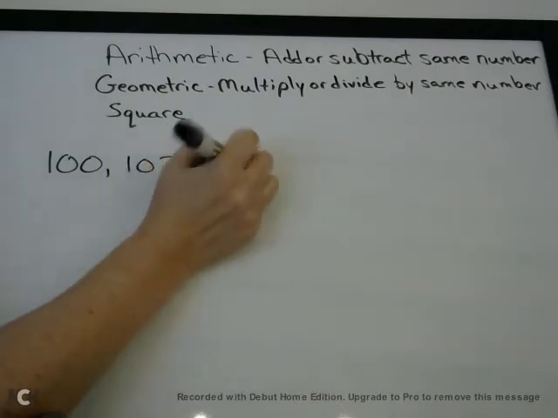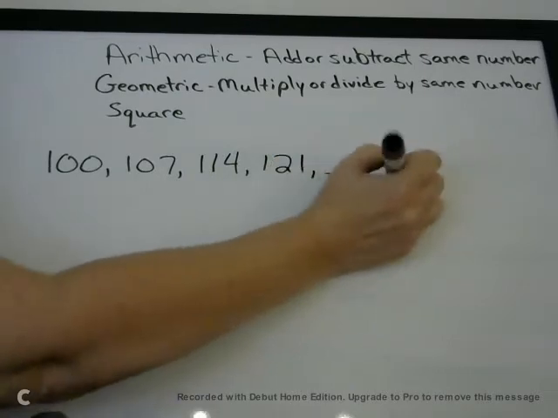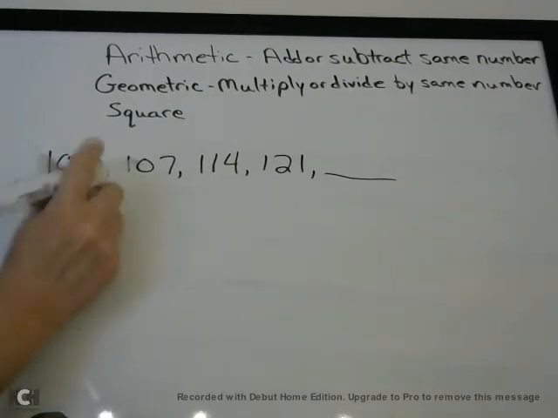They give you four numbers and then they say, what is the next number in this sequence? The first thing you want to do is look, is it an arithmetic sequence, meaning that they're adding or subtracting the same number to each item. So here, to go from 100 to 107, you add 7.